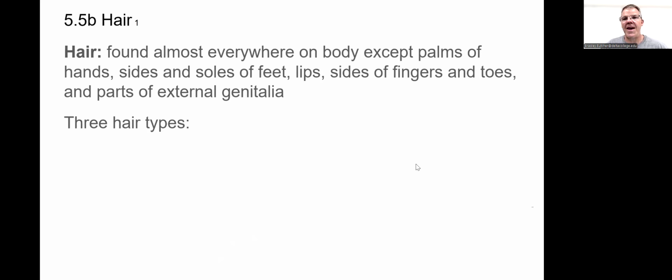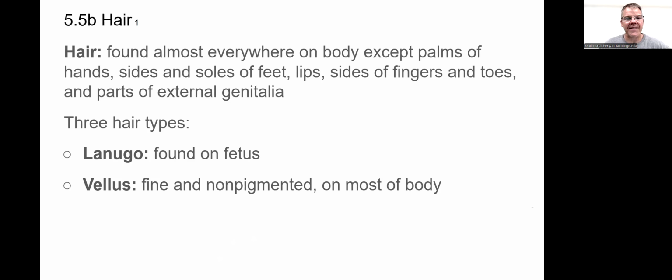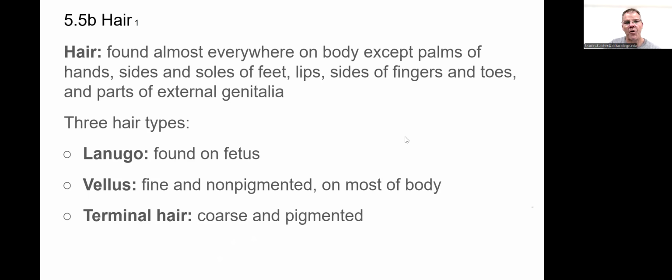The three main types of hair: the lanugo, this is real thin, found on the fetus. The vellus, or fine, non-pigmented, that's typically the hair you find on most of your body. And then the terminal hair is that coarse and pigmented hair. It has color, grows on our head, and is in other parts of our body.